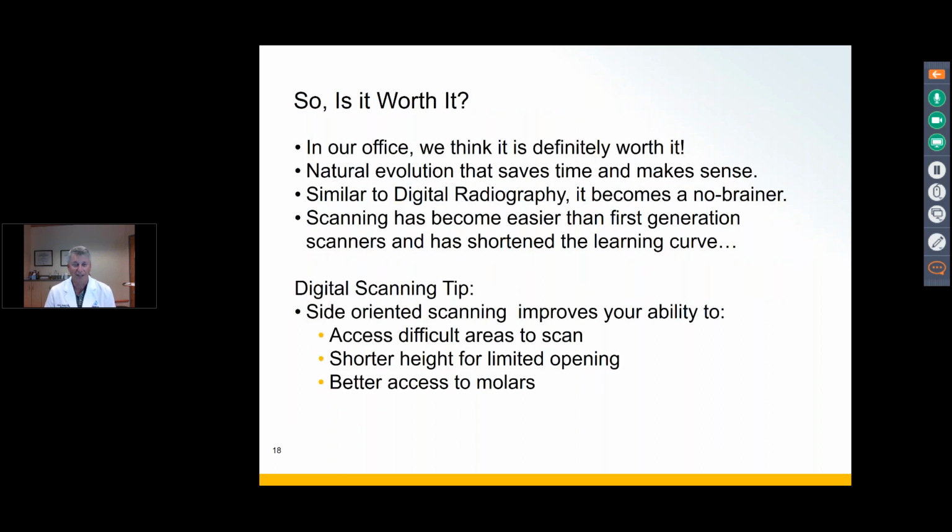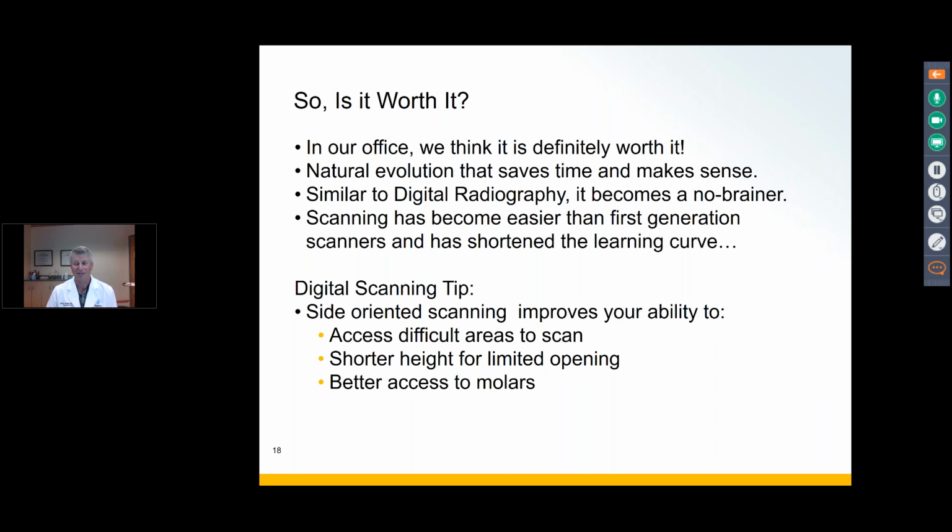If you asked me today, you said, Bob, is it worth it to do this digital scanning? Is it time to step in and get started? I would say absolutely. In our office, we sort of relate it to what happened with digital radiography, when it became a no-brainer to get rid of your processor, your film, all the cleaning of the rollers and things like that.